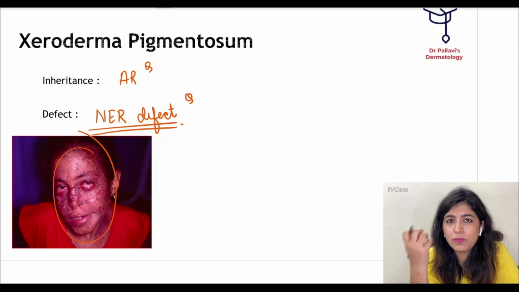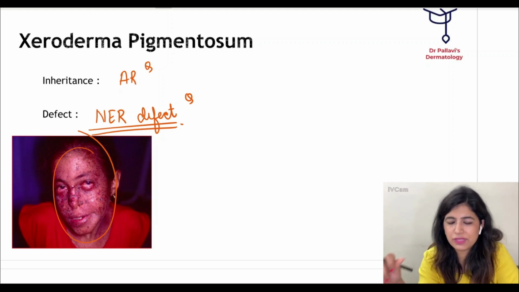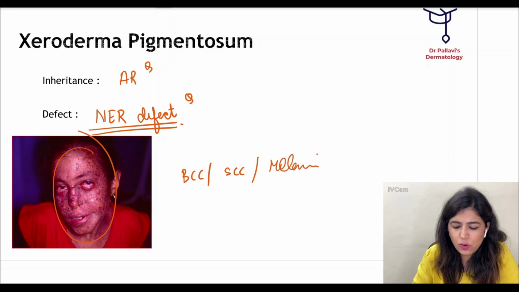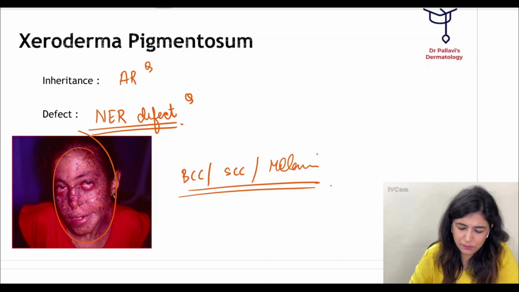So there will be photophobia, red cornea, there may be corneal ulcers, and due to the damage to the DNA that happens over time, these patients are very, very prone to developing all types of skin cancers, which includes BCC, SCC, and melanomas. So all types of skin cancers can develop in patients of xeroderma pigmentosum.